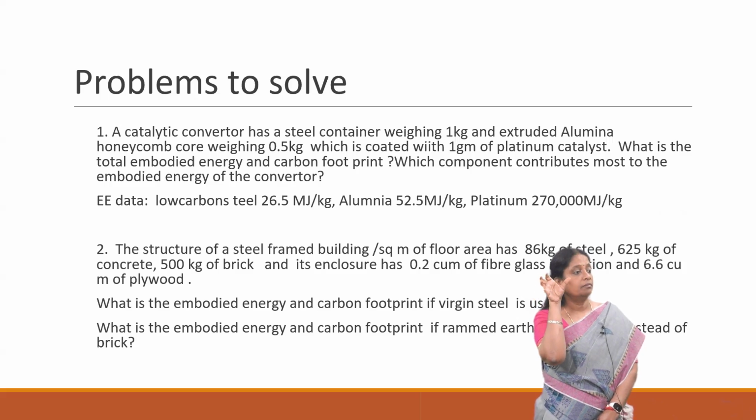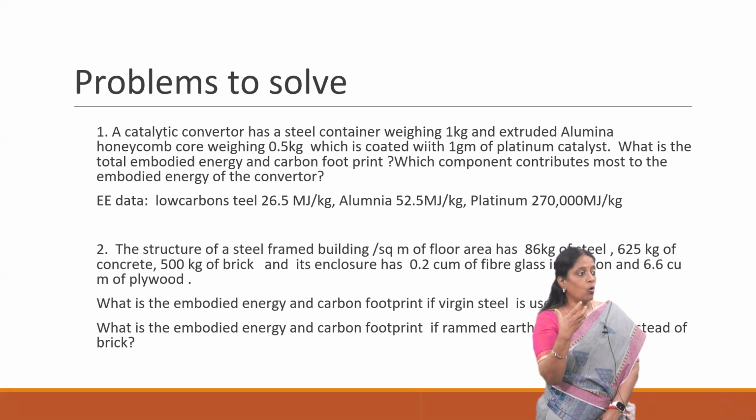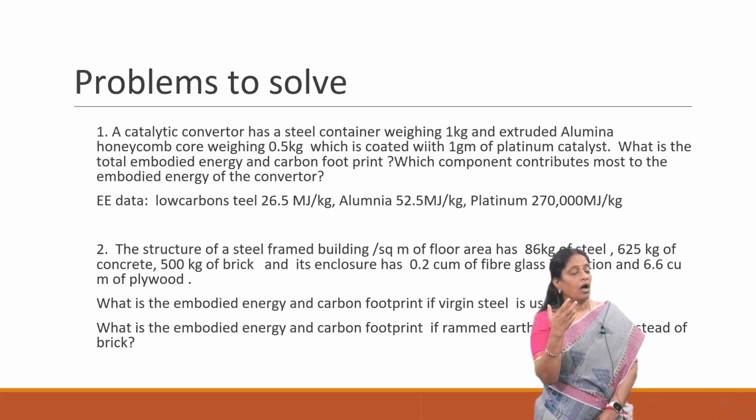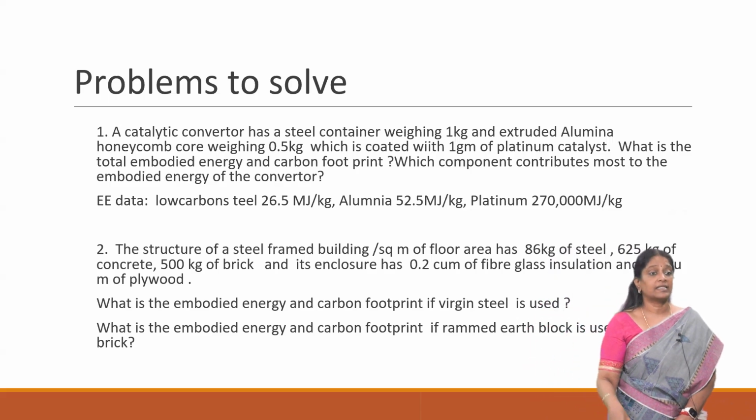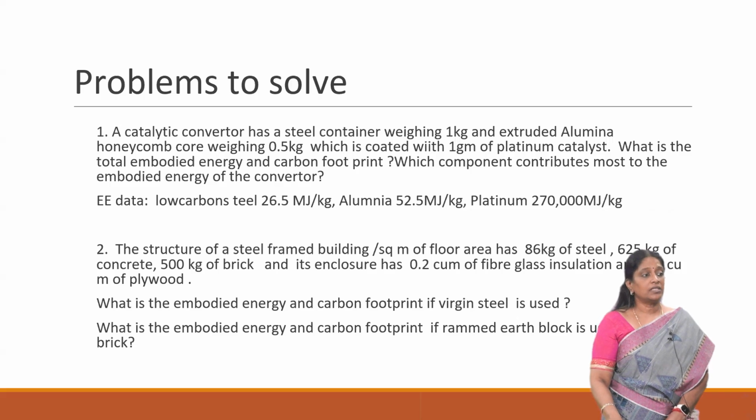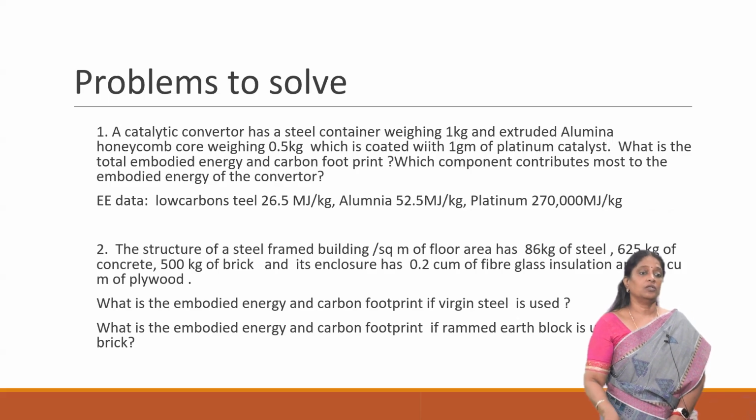Then comes the manufacturing stage: how much energy went into extruding, melting these and making them, or if there is a mold, or how the coating is being done, if it is electrochemically coated, what is the energy incurred in that electrochemical process.